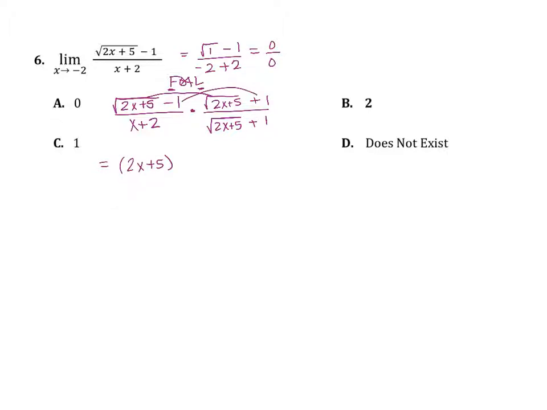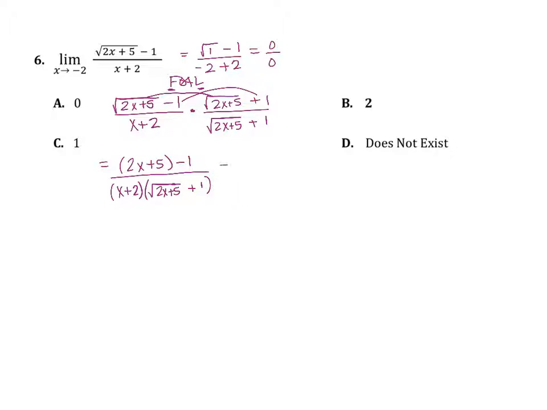And if I multiply the last two things together, I get -1. And all of that is over x plus 2 times the square root of 2x plus 5 plus 1. Notice the bottom, we did not multiply it out. It's not always the bottom, it's just wherever you did not have a radical to begin with.